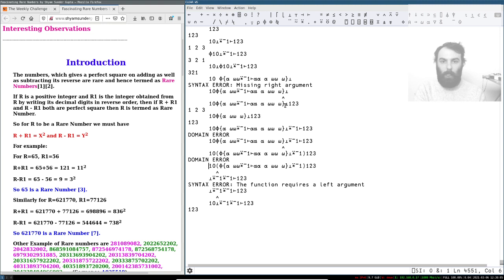Interesting. So it should do. Interesting. In what world? Base power neg 1 is omega.